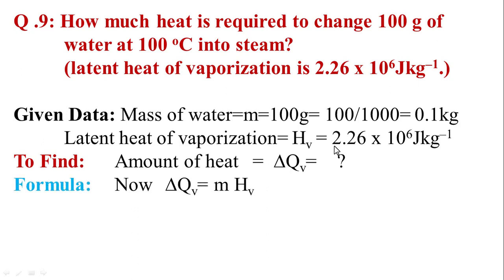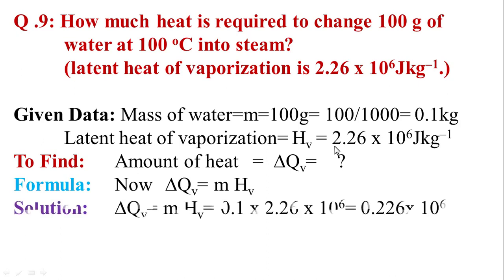Now using the formula for latent heat of vaporization, delta Qv is equal to M multiplied by Hv. So putting in the values, delta Qv is equal to 0.1 multiplied by 2.26 multiplied by 10 raised to power 6.